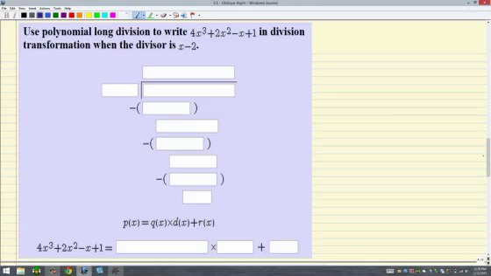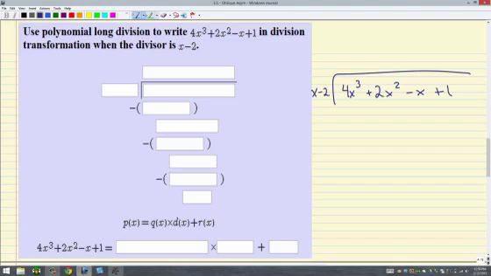Do this problem off to the side, and then go back and fill in the blanks later, because it's kind of tough to fill in the blanks and try to solve the problem as you go along. So what you're going to do is put 4x to the third plus 2x squared minus x plus 1 under the division sign. And then you're going to put an x minus 2 out in front.